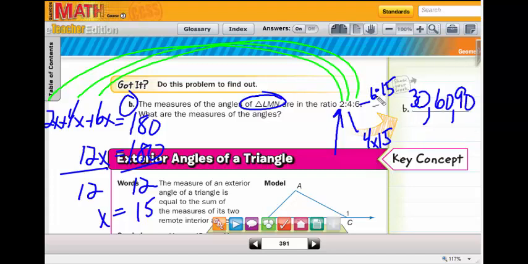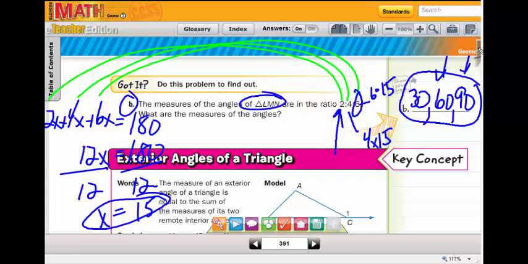And if you think about it, if we add up 30, 60, and 90, we do get our 180 degrees. So here's our answer, 30, 60, 90. We have 2 times our x of 15 gives us the 30, 4 times 15 gives us the 60, and 6 times 15 gives us the 90.